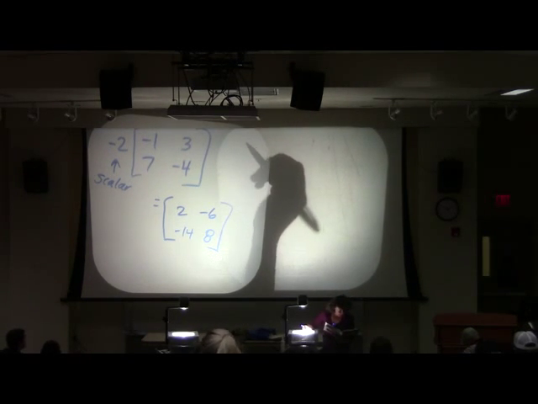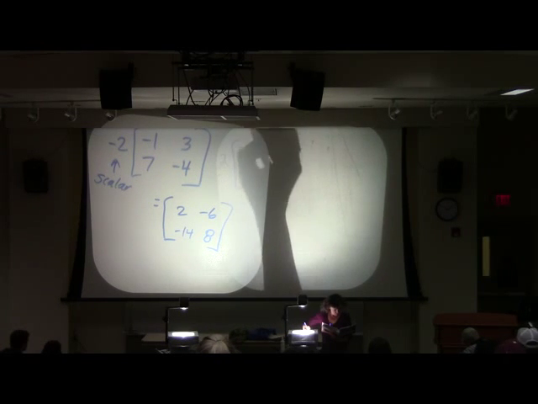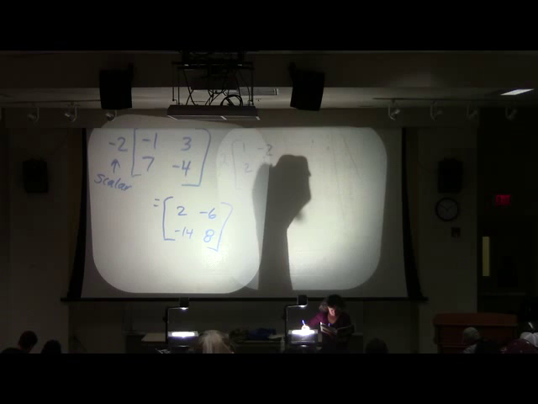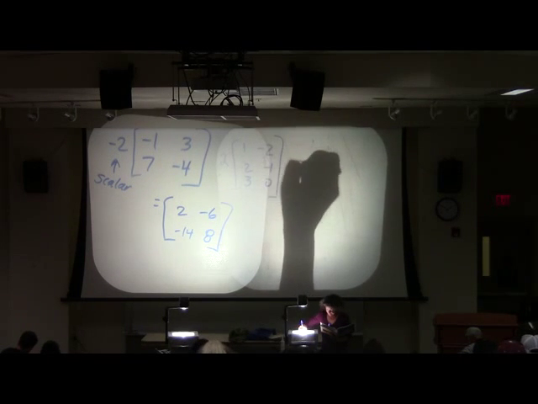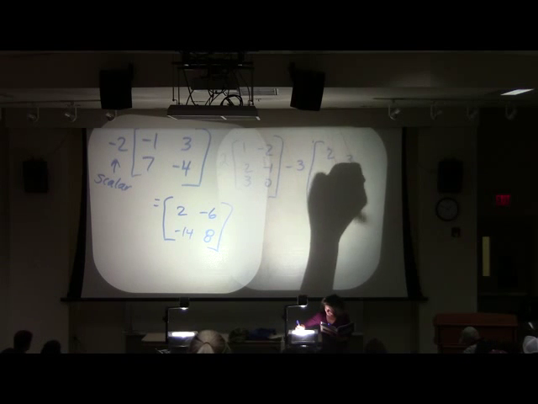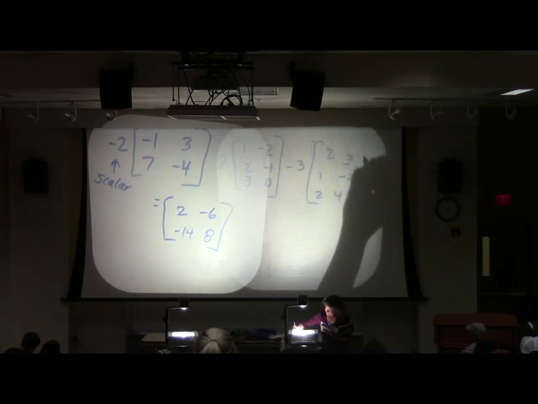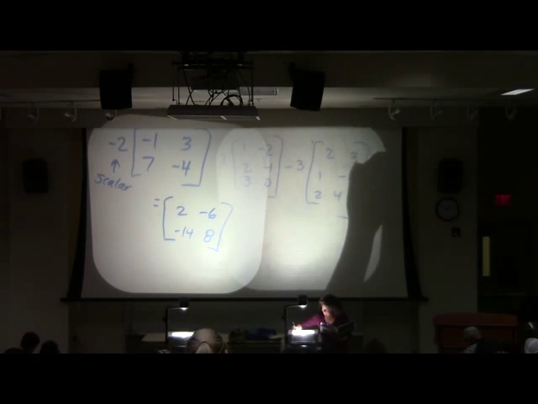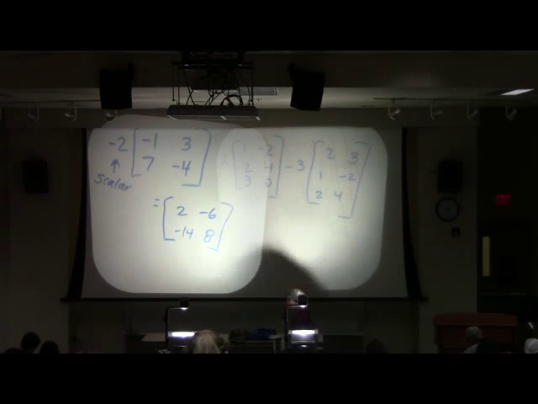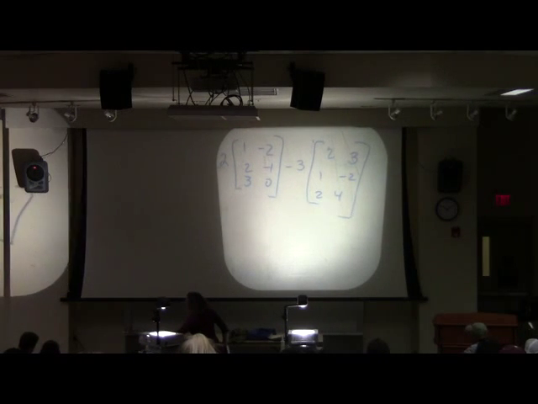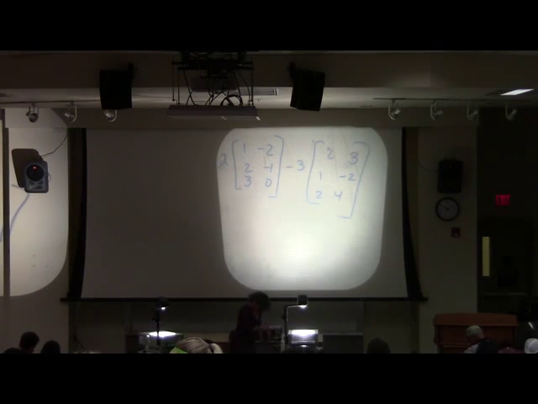What if I have this one? Order of operations says multiplication before addition or subtraction.